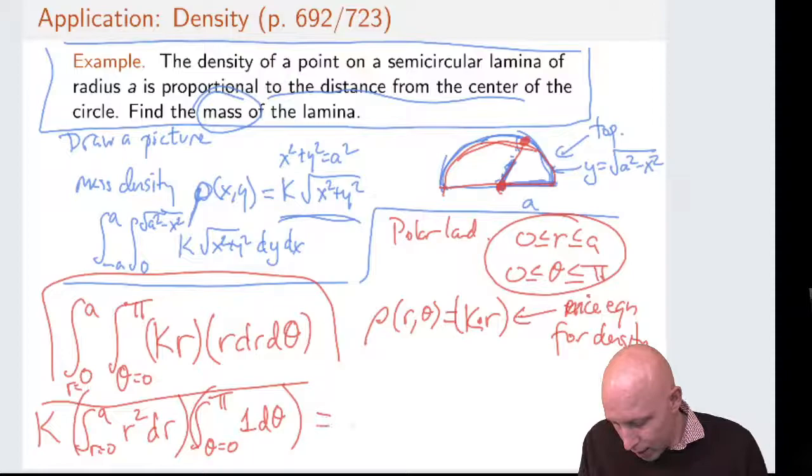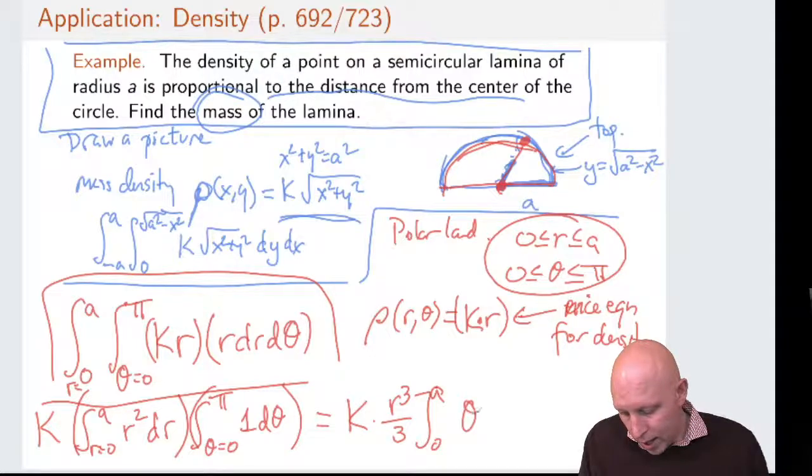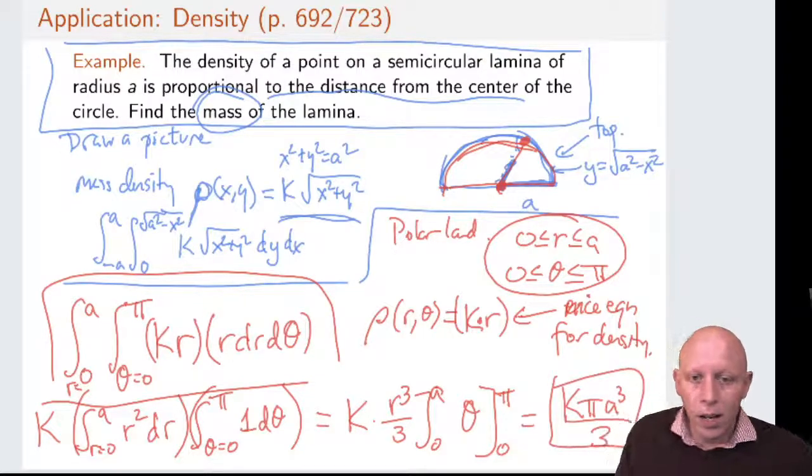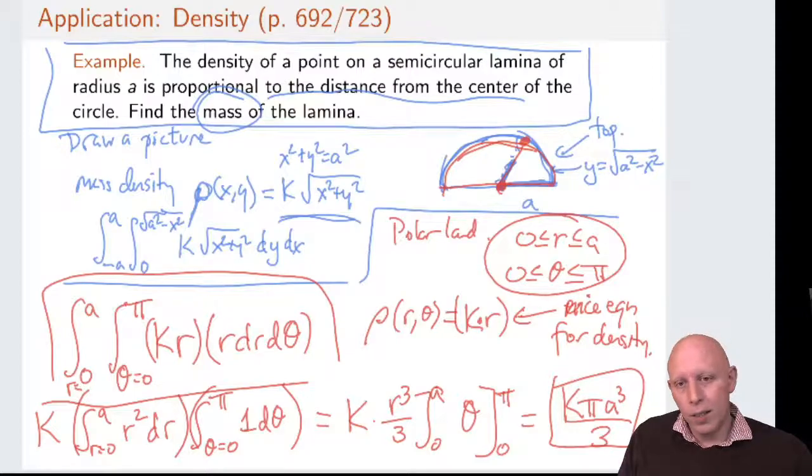What do I get? k times r cubed over 3 evaluated from 0 to a, and theta evaluated from 0 to pi, which is pi. So the final answer would be k pi a cubed over 3. That would be the total mass of the lamina. And I guess that would be in kilograms, if it's in kilograms to start with.